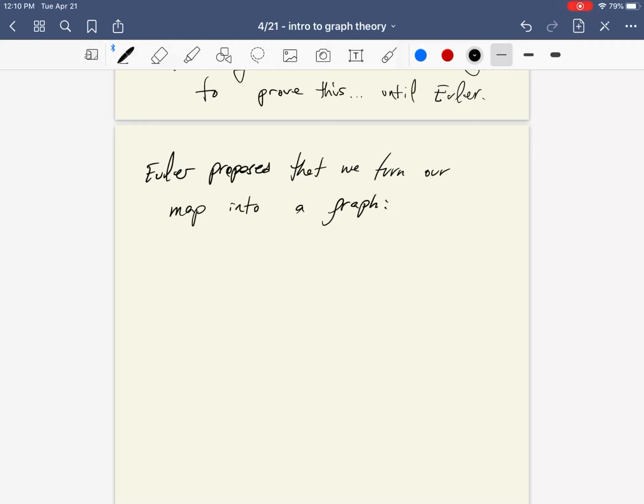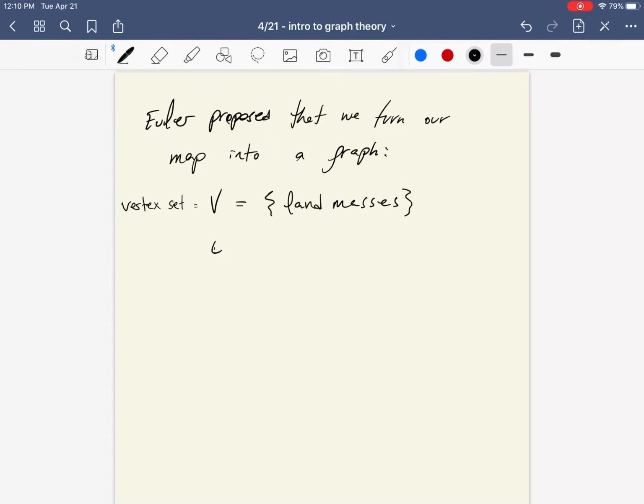And our graph is going to have the vertex set V. Remember, this is our vertex set. V is going to be our set of land masses. And our edge set, E, is going to be pairs of land masses which are connected by a bridge.